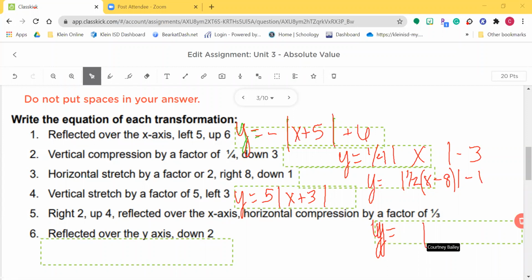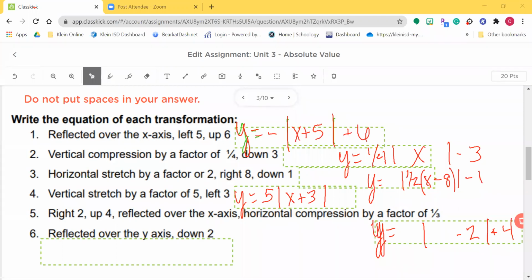Oopsies. Here's my skeleton. Right 2, inside, outside? Inside, plus or minus? Minus 2. Up 4, inside, outside? Outside. Plus or minus? Plus 4. Reflects the x-axis. If I'm jumping the x-axis, what direction am I going?